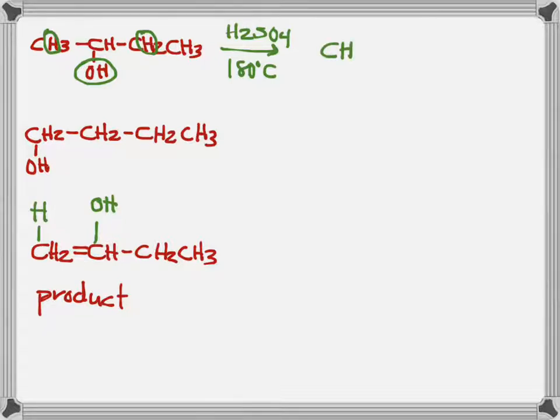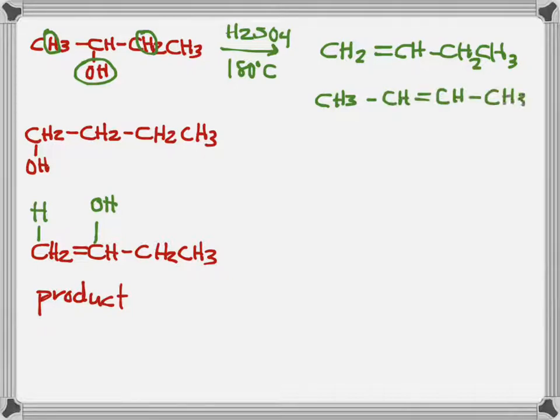If we take the hydrogen off the first carbon, we'll get CH2 double bond CH, CH2, CH3. You see that? If we take the other hydrogen, we'll get CH3, CH double bond CH, CH3.